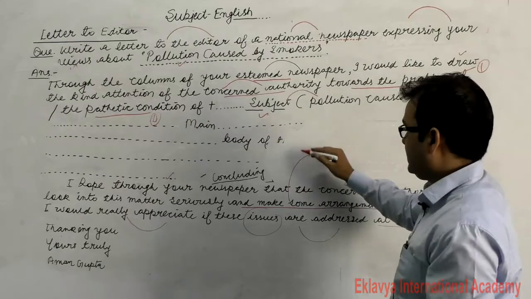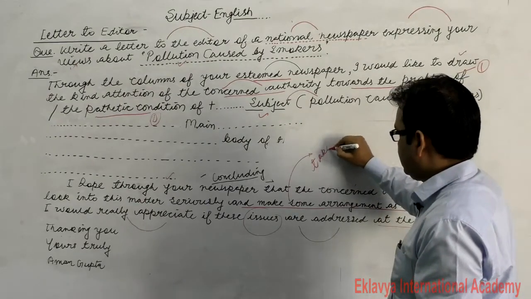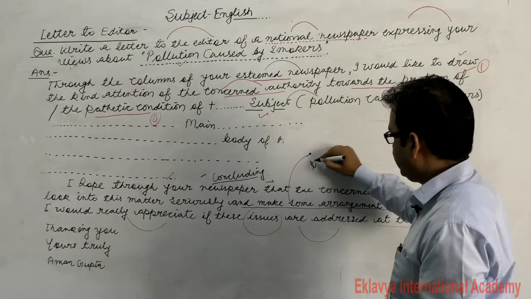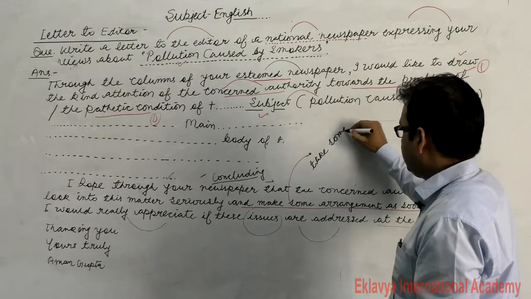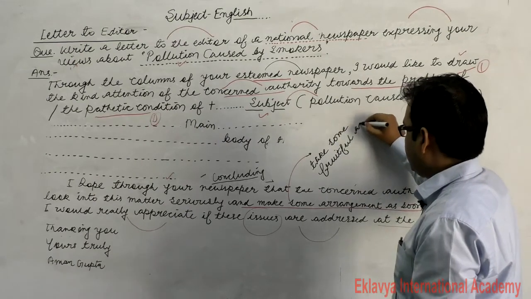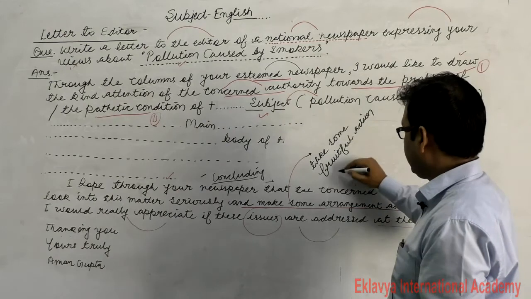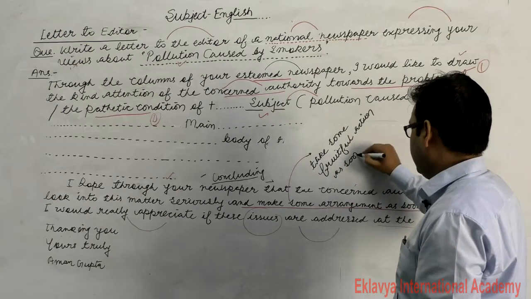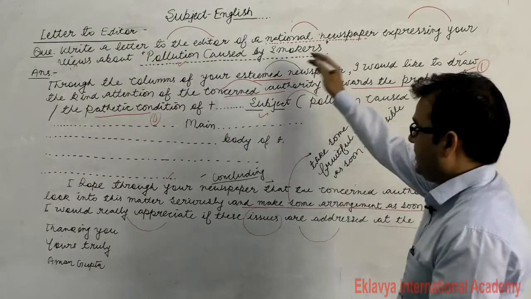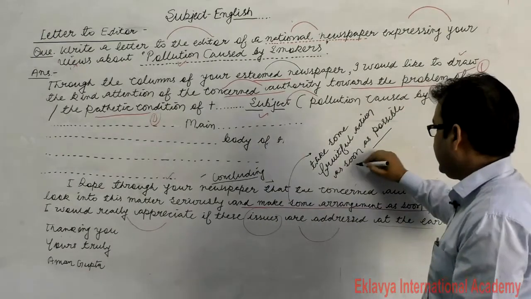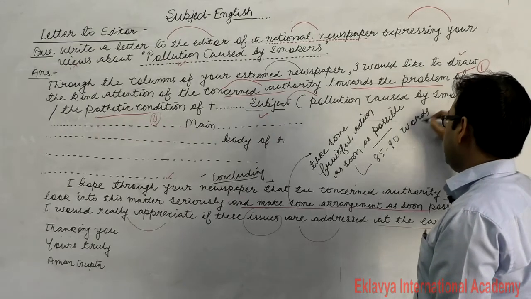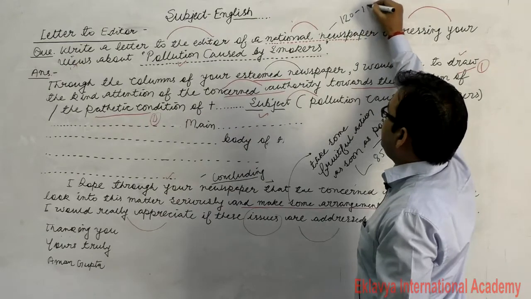You can mention here, okay, and take some fruitful action as soon as possible. Okay, these common lines basically carry 85 to 90 words, and the question is of 120 to 150 words.